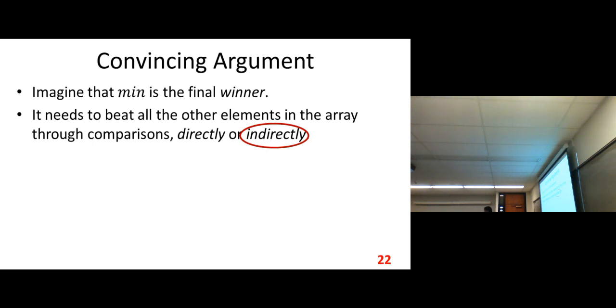Now, let's do the next step. If an element loses once, it is eliminated, right? Because if an element loses just once, it can never be the minimum. Why include it? So here we use another simple method called the elimination method.